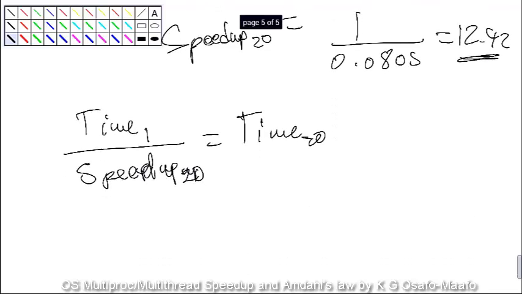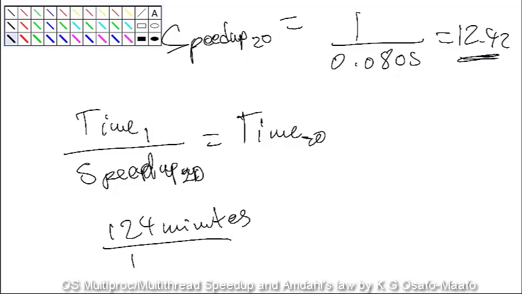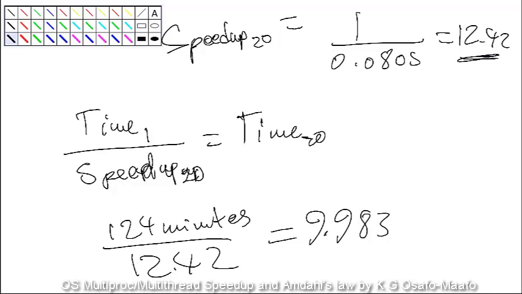So this is, remember, it was 124 minutes divided by 12.4, and the answer to that is 9.983, which is almost 10. Right. So this is the time that it will take. Right. So I'm going to go a little bit further.